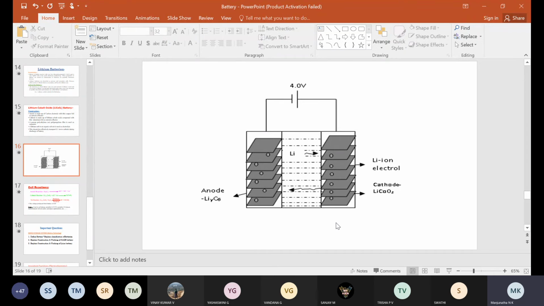It's over. Have you all written the diagram?